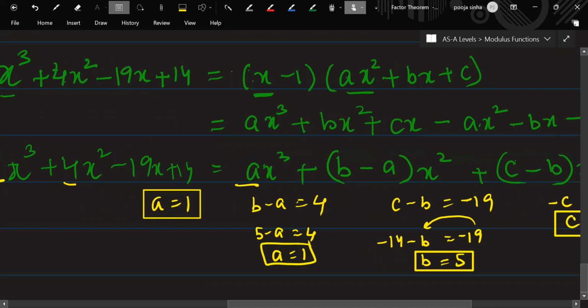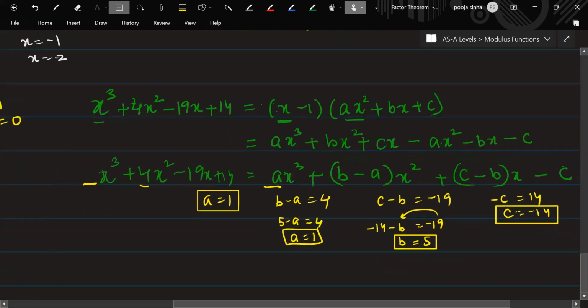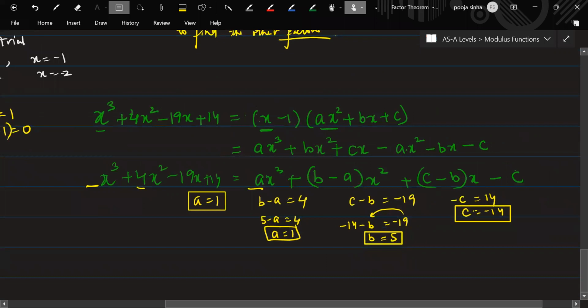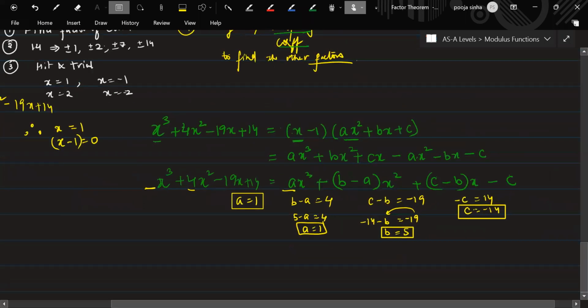Did we get all four of our things? Yeah, but what if I don't want to multiply all the brackets and just compare? Oh, you can just compare. You can straight away compare. You got a, b, c. So your ax square plus bx plus c, we will write that.